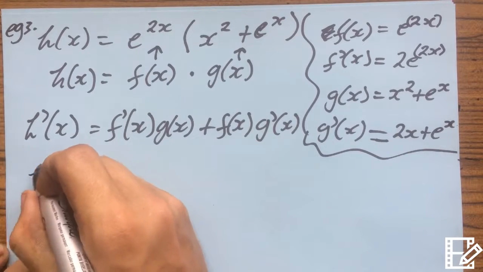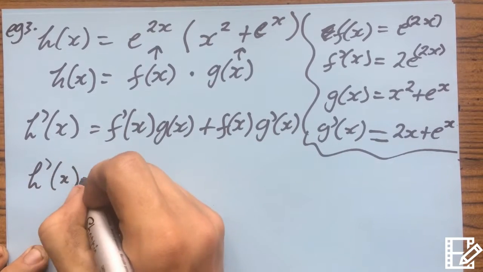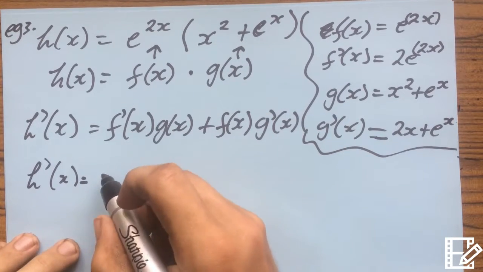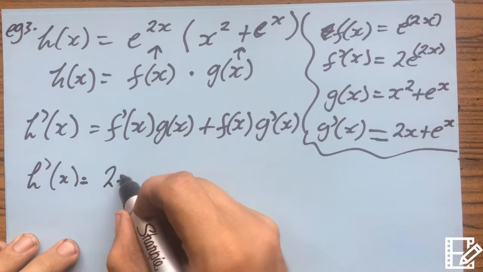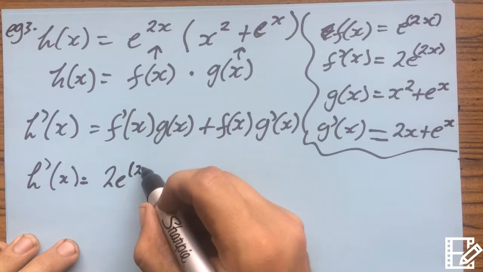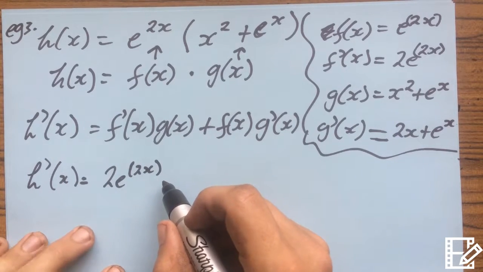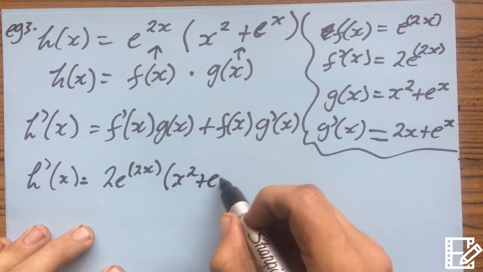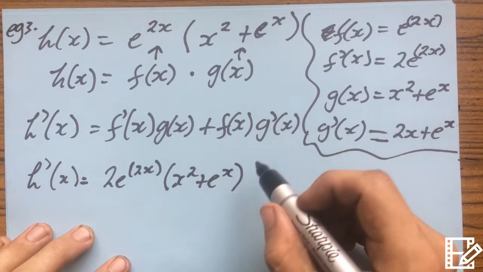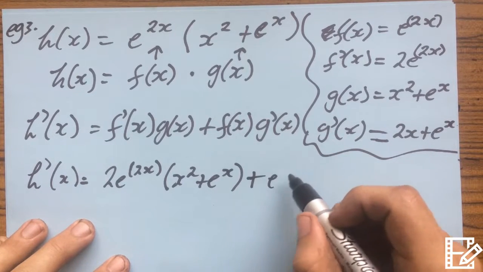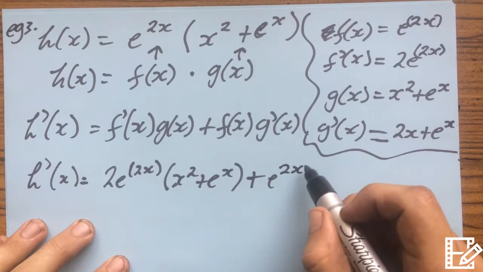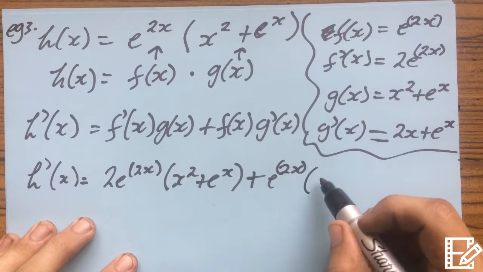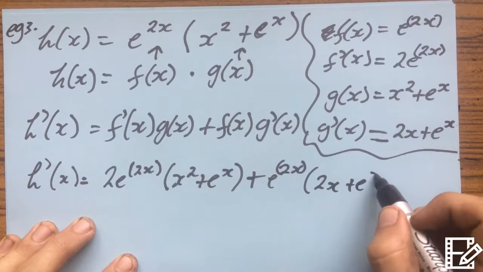So, if we fill this in, what we end up with is the derivative of f, 2e^(2x), multiplied by g, x squared plus e^x, plus f(x), f(x) being e to the power of 2x, multiplied by the derivative of g(x), which is just 2x plus e^x.